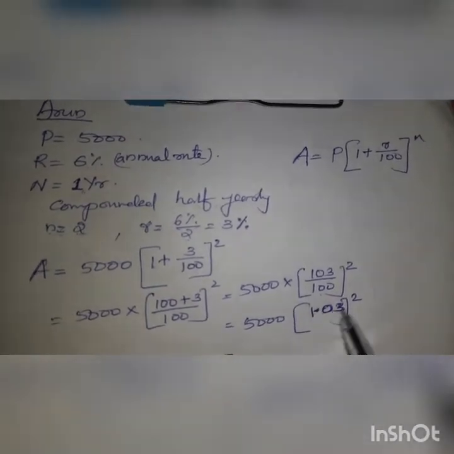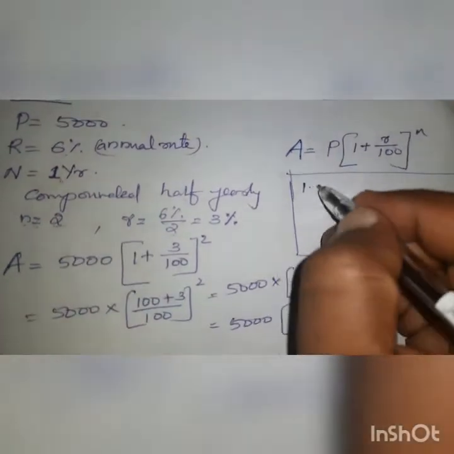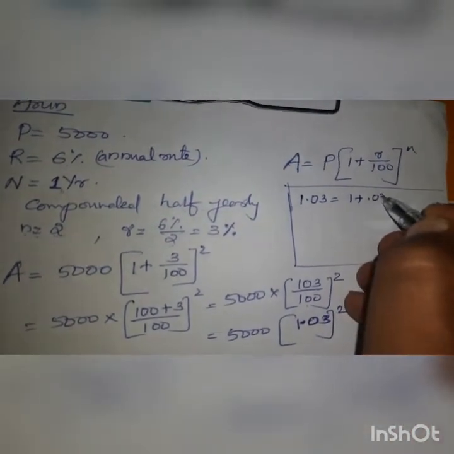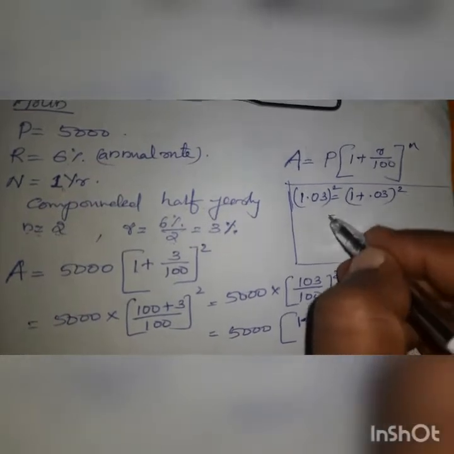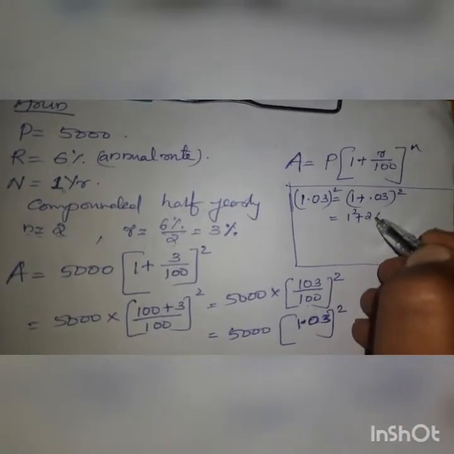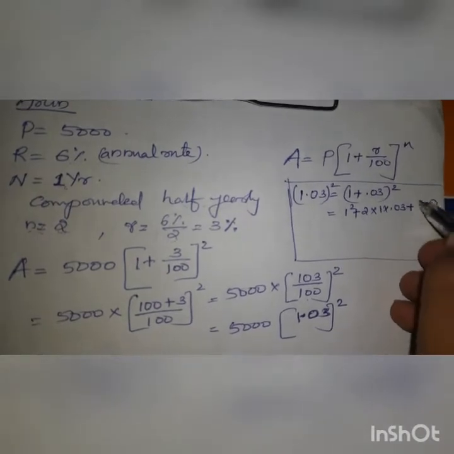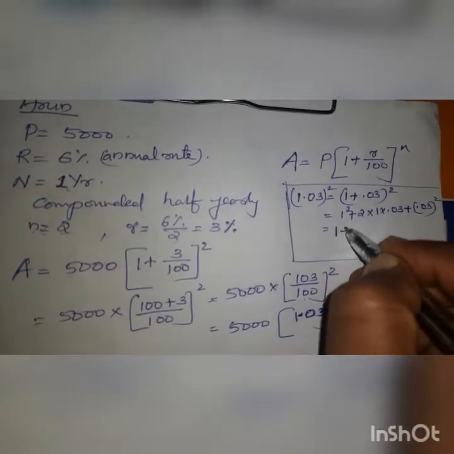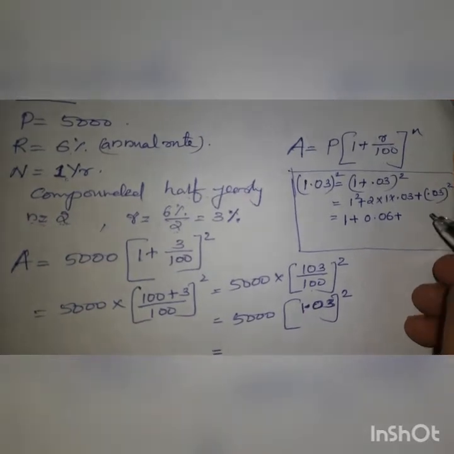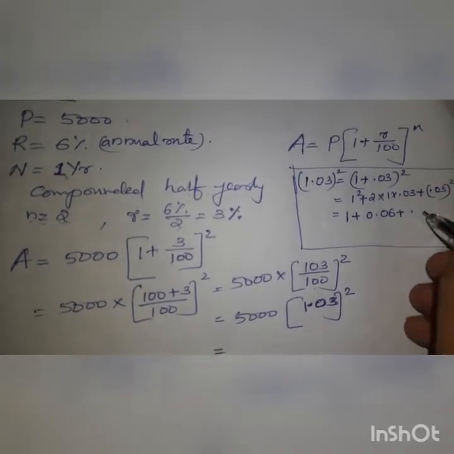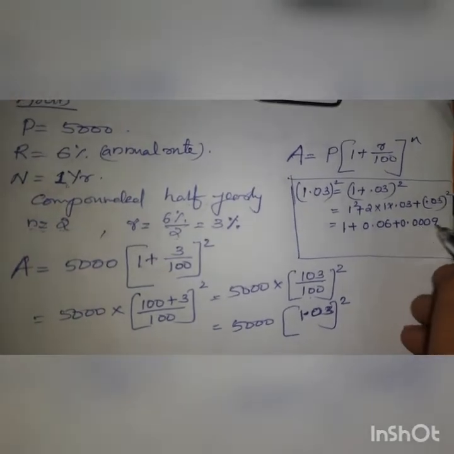Then we have to find 1.03 squared using the a plus b whole square form. 1.03 we can write as 1 plus 0.03 whole squared. a plus b whole square is a square plus 2 into a into b plus b square. 1 square is 1 itself, plus 2 into 1 into 0.03 means 0.06, plus 0.03 square. 3 square is 9, so 4 decimals will come, 0.0009.